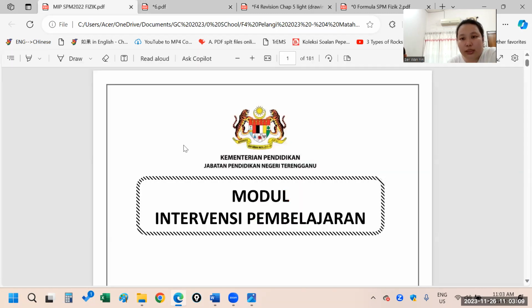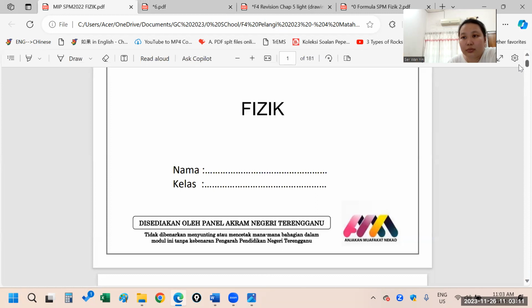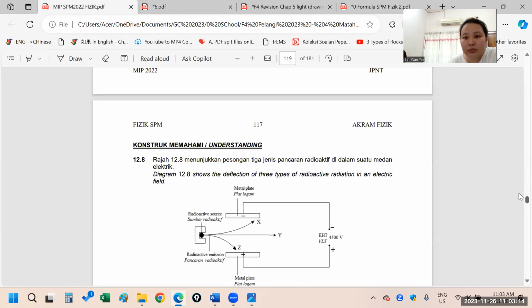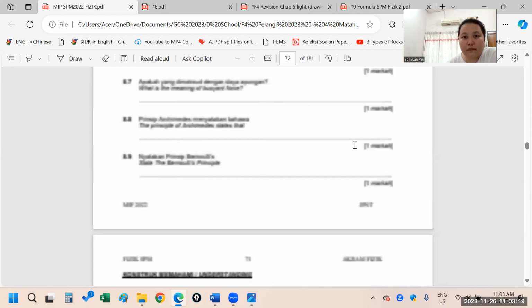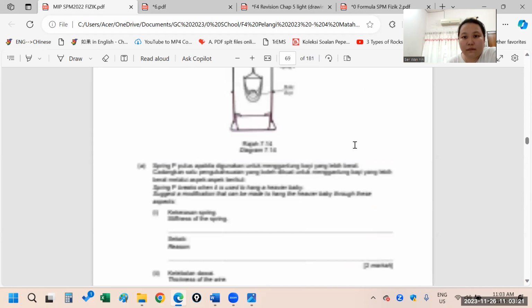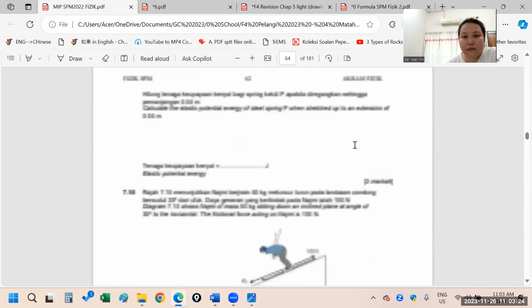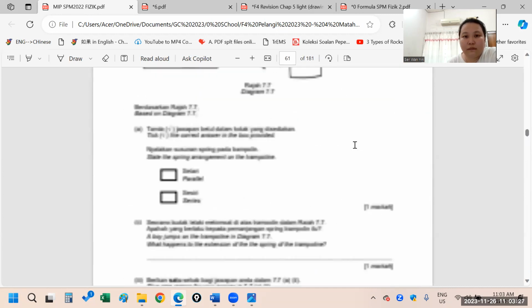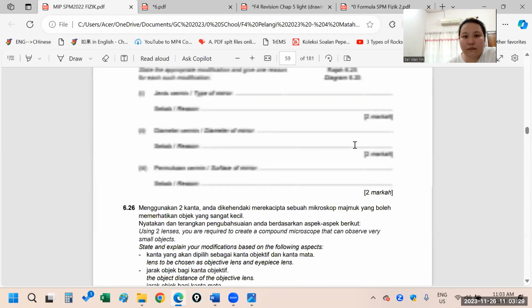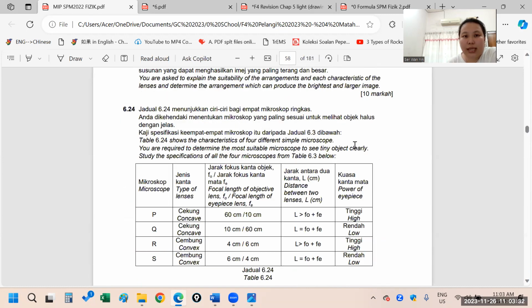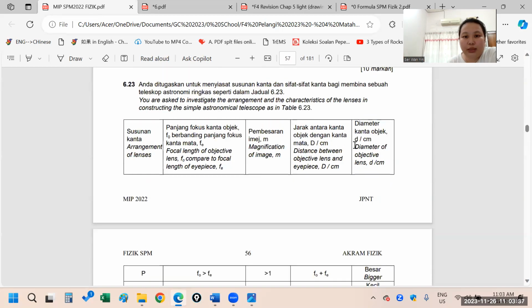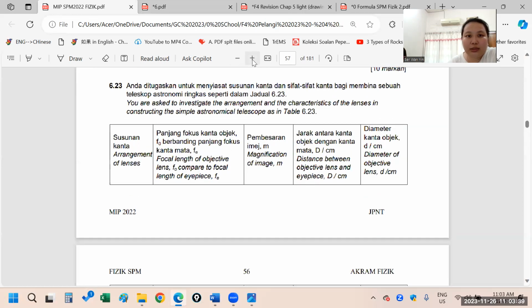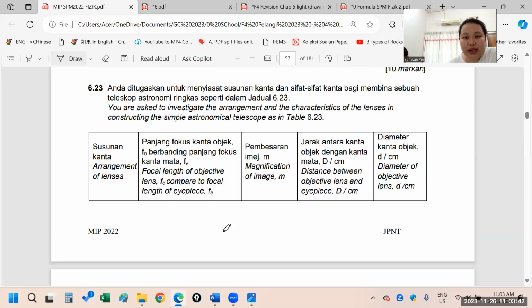And before you go, maybe we can do this page. 55, you do it yourself.